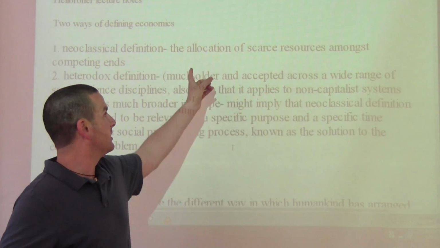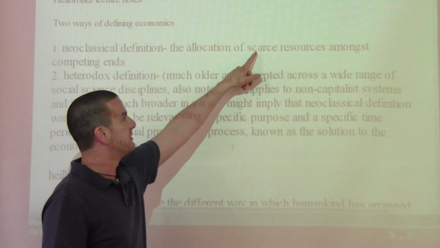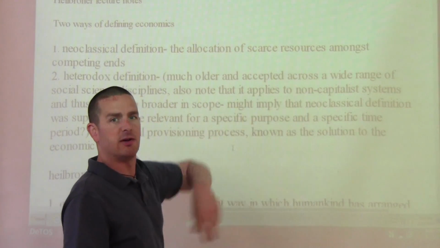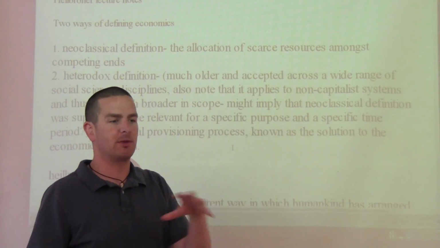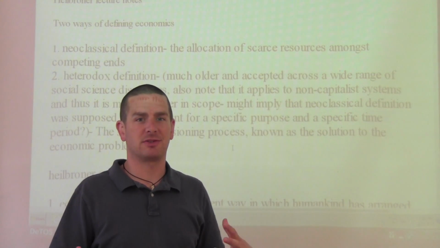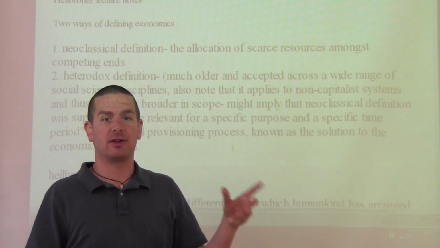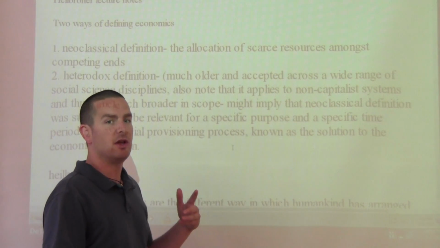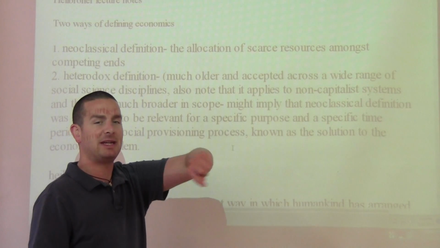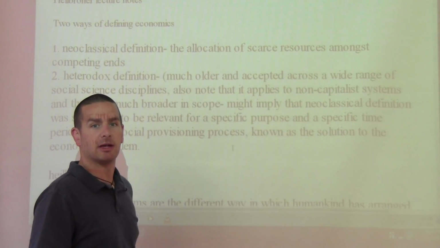The division, or how it's divided up, the distribution of scarce resources amongst competing ends. We're all competing for these resources, and they're scarce, and how they get divided up, how they are distributed, the allocation of these scarce resources amongst these competing ends is what the neoclassicals call economics.